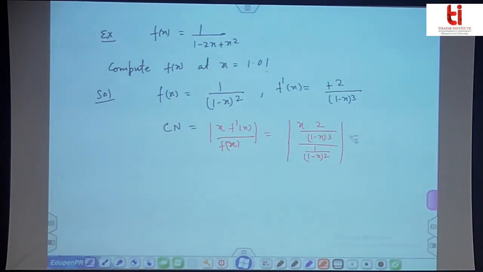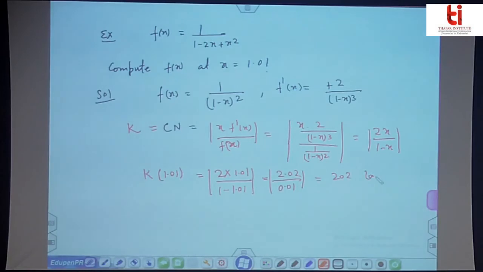This is coming out to be 2x upon 1 minus x. Now compute the condition number. We can represent the condition number by some number k. Then k at 1.01, what is the value? 2 into 1.01 upon 1 minus 1.01. The value is coming out to be 2.02 upon 0.01. This is coming out to be 202.